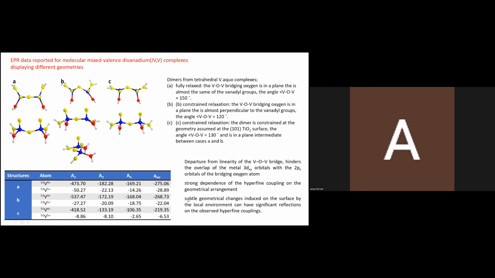The idea is then that geometrical changes induced on the surface by the local environment can have significant reflection on the observed hyperfine coupling.